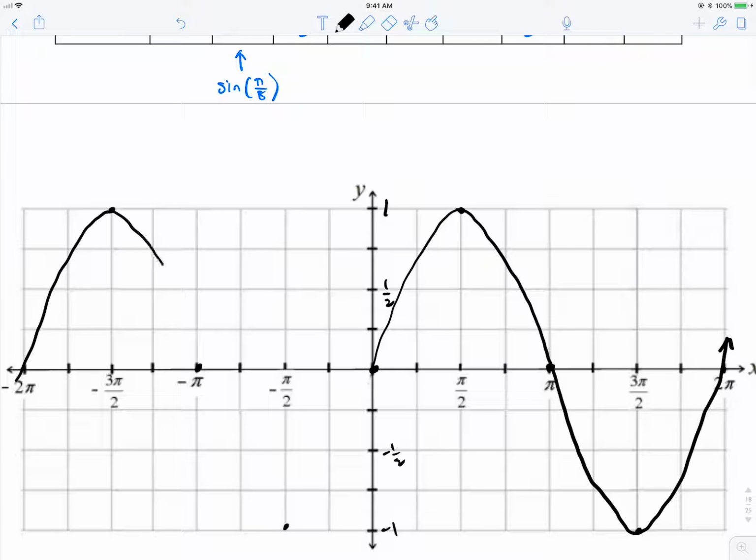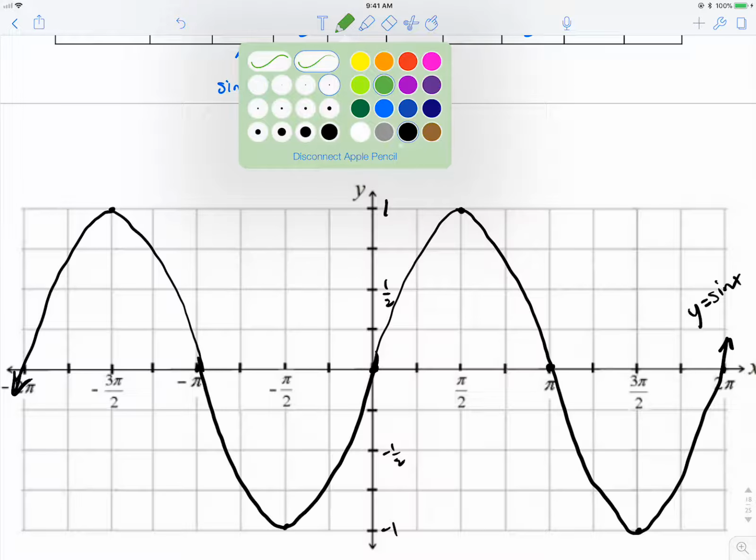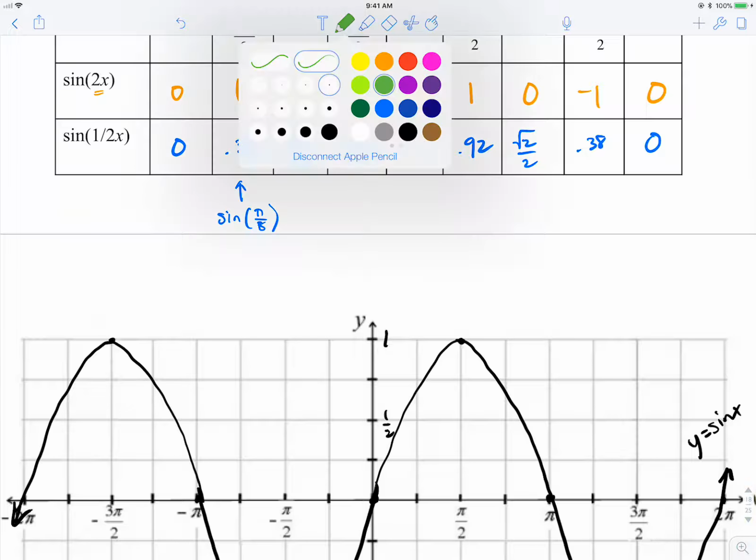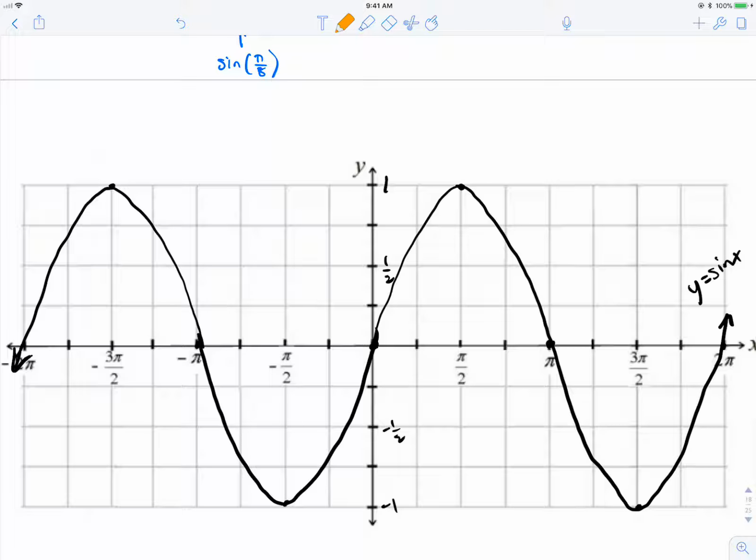Doing the best I can to do this quickly. Okay, so there's our parent function. Oh, we used orange. Okay, so now sine of 2x.